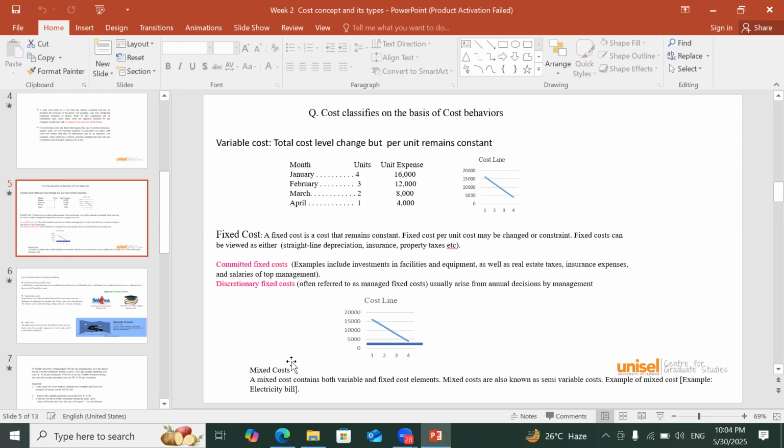Say, for example, your electricity bill is 2000 taka. Minimum charge 1200 taka. 1200 taka is fixed cost and the other 800 taka is variable cost, because 800 taka is calculated on the basis of your consumption unit.